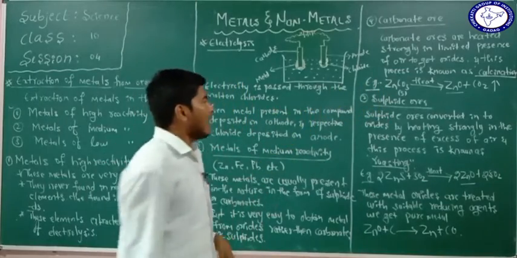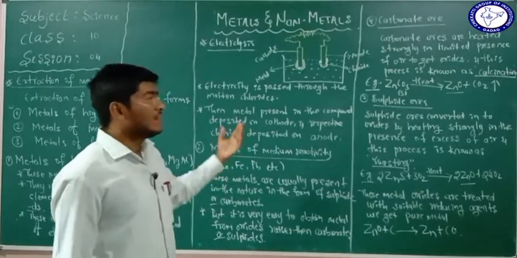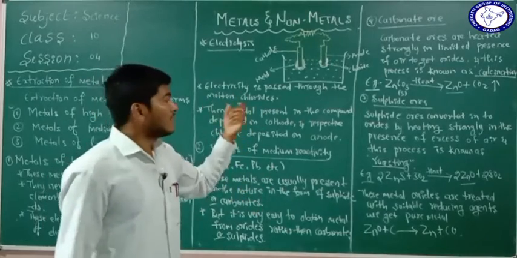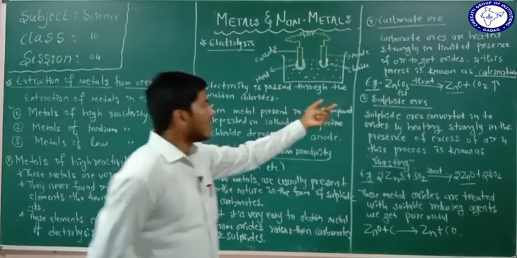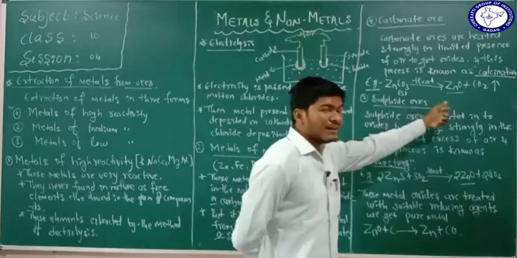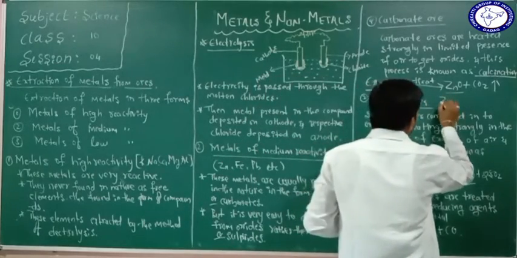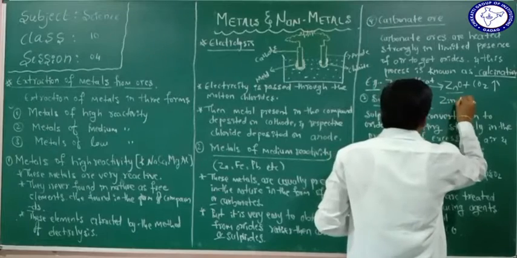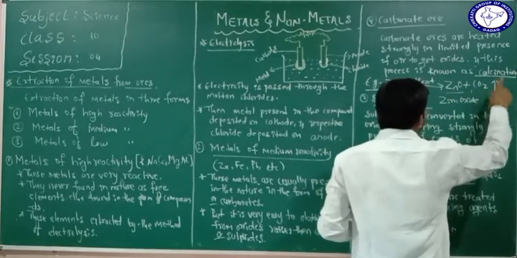For example, I am considering one of the medium reactive metals, that is zinc. Suppose we have the ore as a carbonate ore, that is zinc carbonate. This zinc carbonate is heated in a limited presence of air, and we get zinc oxide, and carbon dioxide is released.